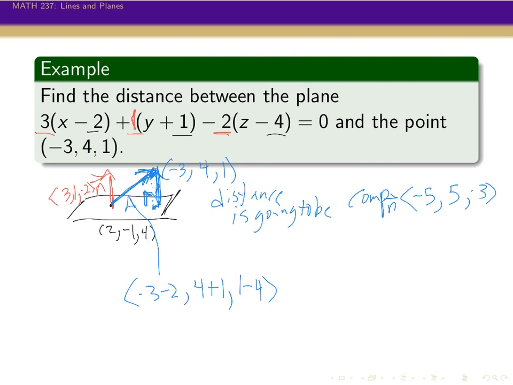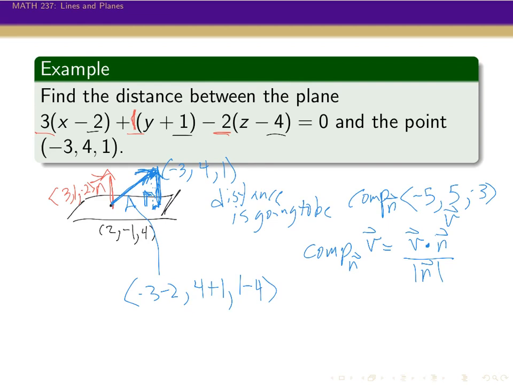Okay. So, how do we figure out the component? If you remember, if this is my vector v, the component of v onto n is taking the dot product of v and n, and then dividing by the magnitude of n.